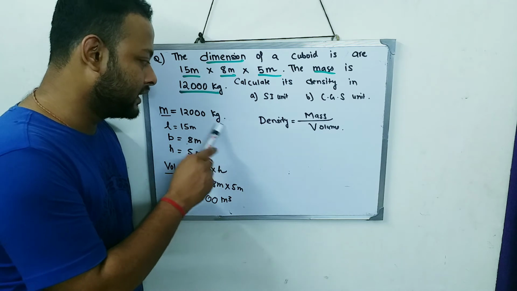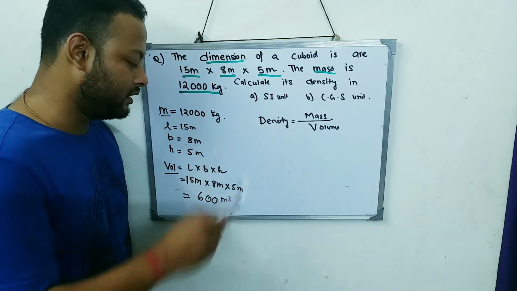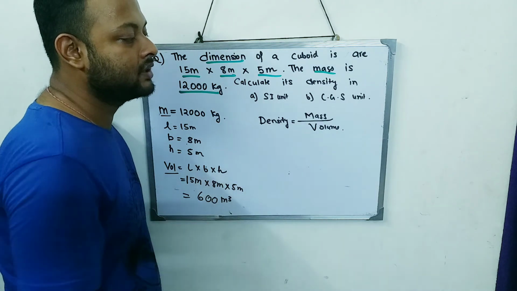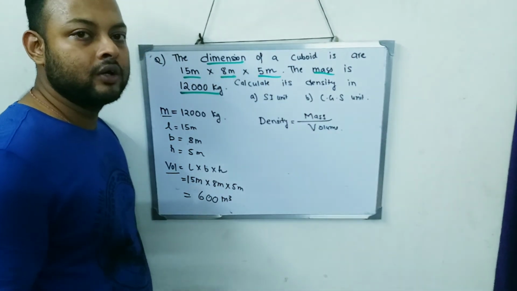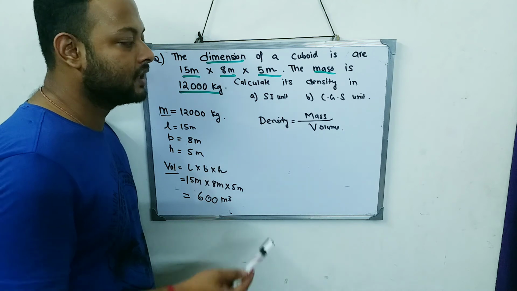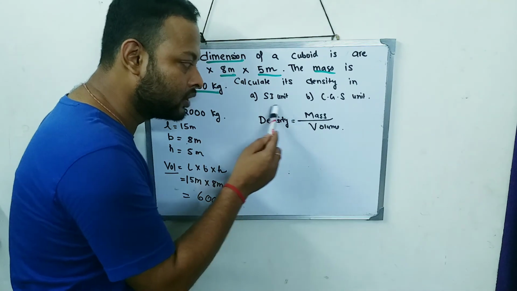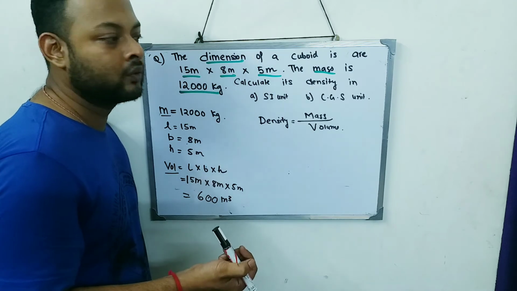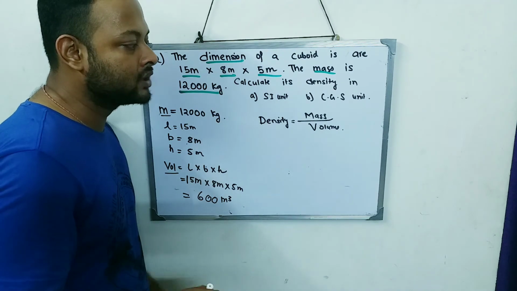You see, this is kg, SI, this is meter cube, SI. So the unit of mass is SI, the unit of volume is SI. So that makes complete sense that the density will also come in the SI unit only. We don't have any doubts about that.